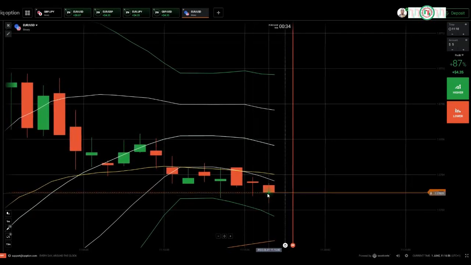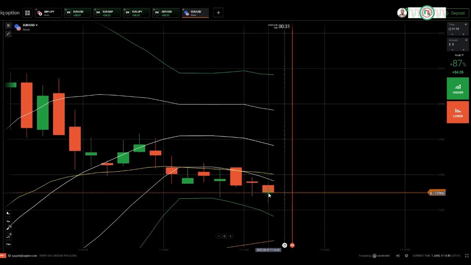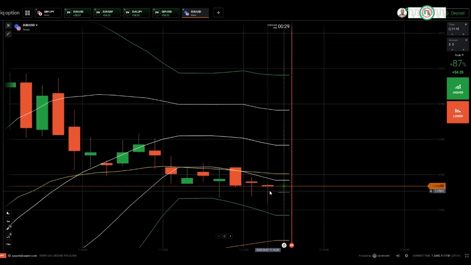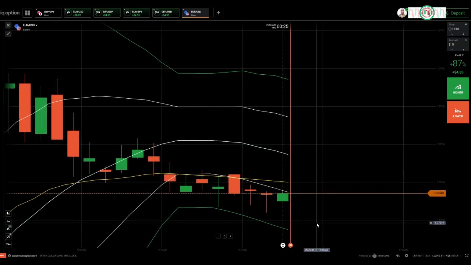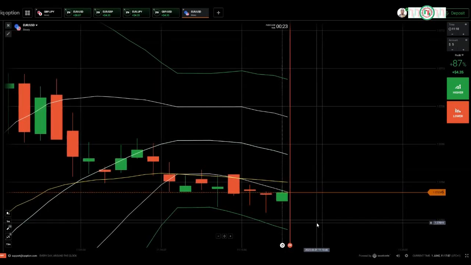So because of the market situation, you see the market is rejecting. That's why I told you I need a good margin of safety.